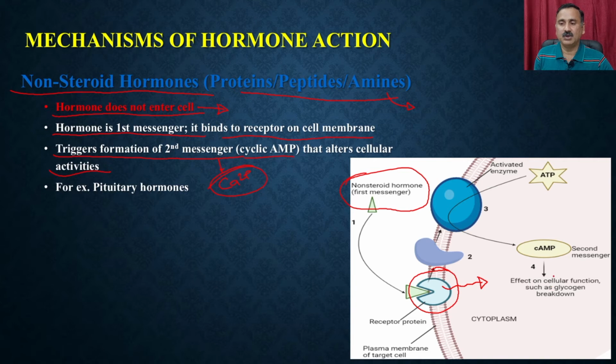Sometimes the cyclic AMP is going to alter the gene expression profiling, and that's how it is going to alter the cellular activities. Classical examples are the pituitary hormones, thyroid hormones and all that.